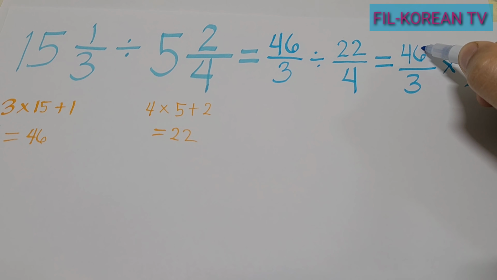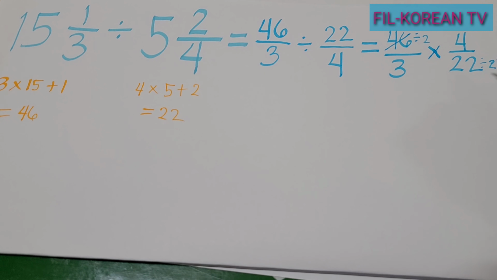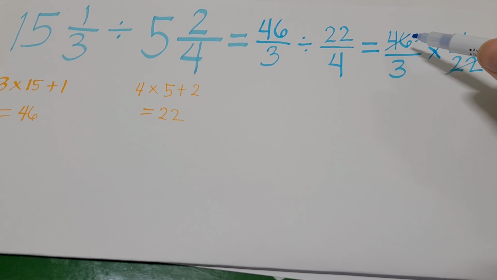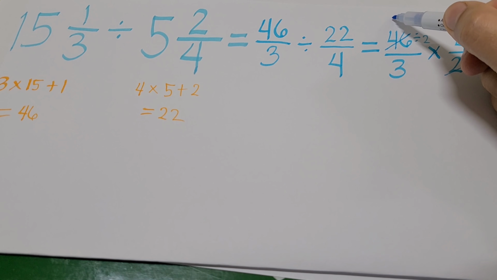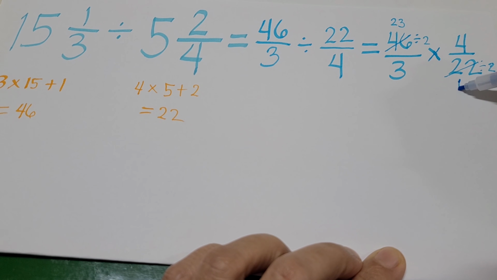So, i-divide natin ito sa 2. Ito yung GCF nila, 2 divided by 2. So, 46 divided by 2, the answer is 23. 22 divided by 2 equals 11.